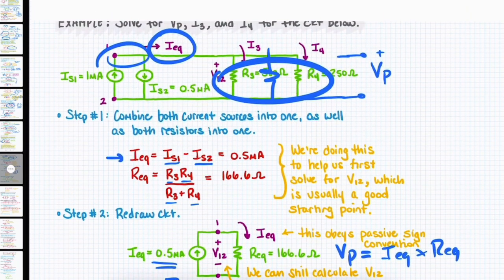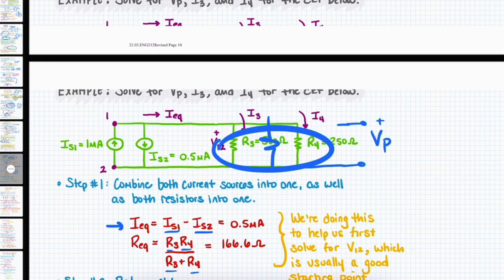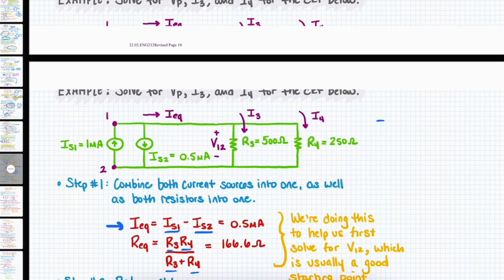How does that map to this circuit up above? Okay, we know this voltage and we know the current flowing along the short at this point. The only values that we're missing are I3 and I4, of what we were asked.